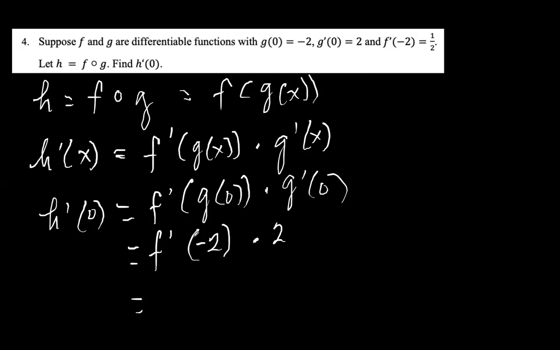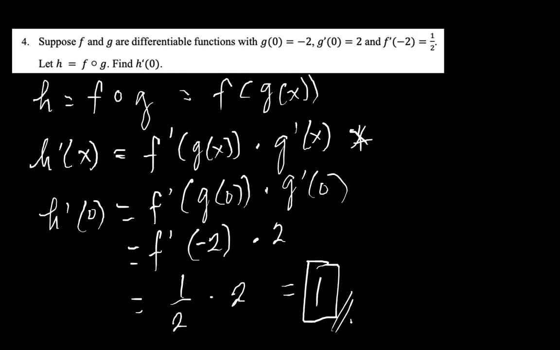And the value of f prime of negative 2 is 1/2, times 2 is equal to 1. So the answer is 1. Make sure that you know the rule for the derivative of a composite function.